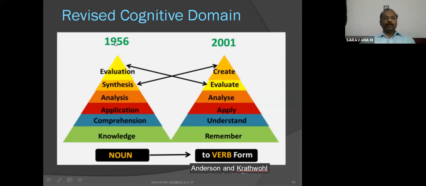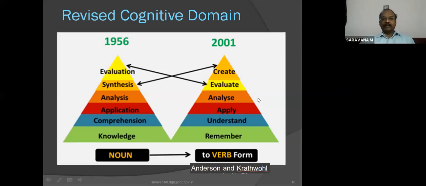So when Bloom introduced his cognitive domain, the six major components were knowledge, comprehension, application, analysis, synthesis, and evaluation. Then his team members, Anderson and Krathwohl, revised his original domain, so that it will be more useful and helpful for the system of education.